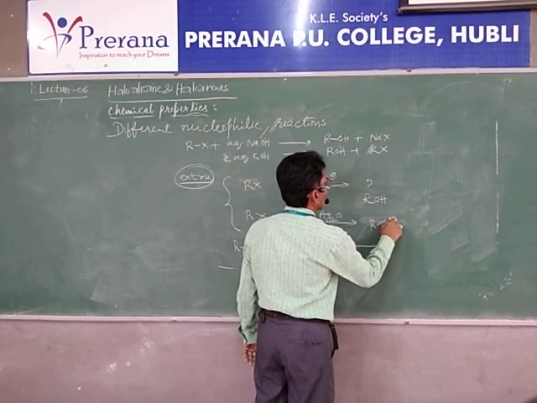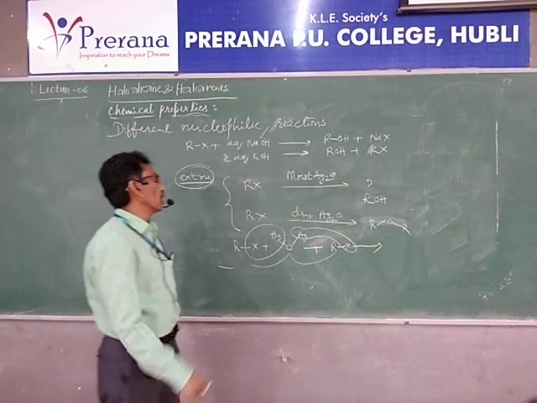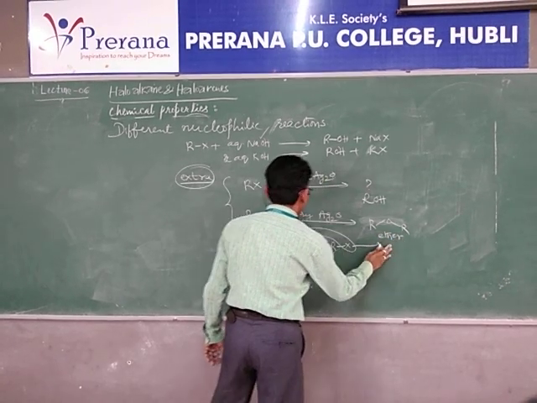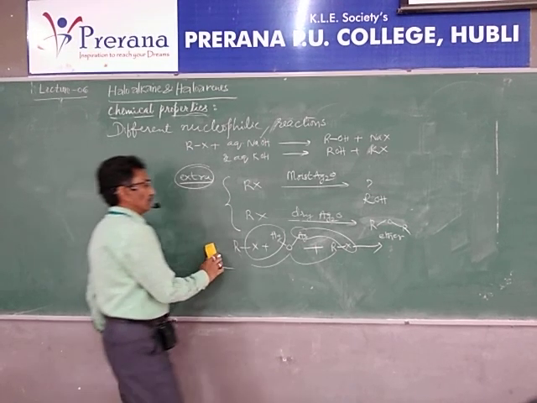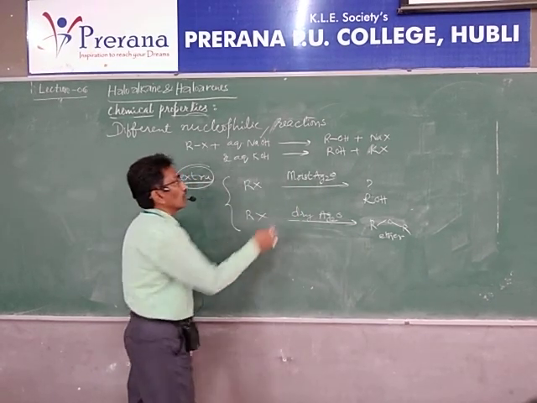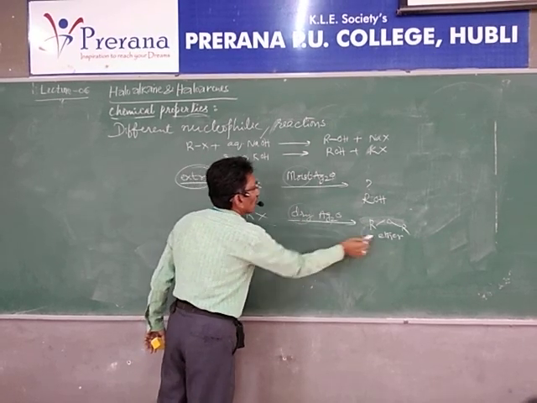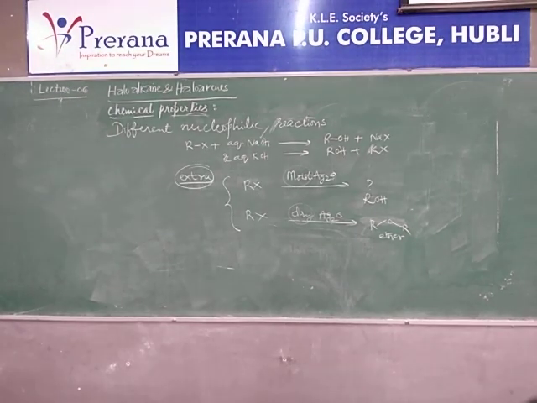Better to write in this style. ROR is a general formula of ether. Now what is produced? Ether is produced, only for extra information, not in NCERT. Why I am interested here? Moist silver oxide gives alcohol, dry silver oxide gives ether. That difference is to be identified by you, then only possible to write the product properly.